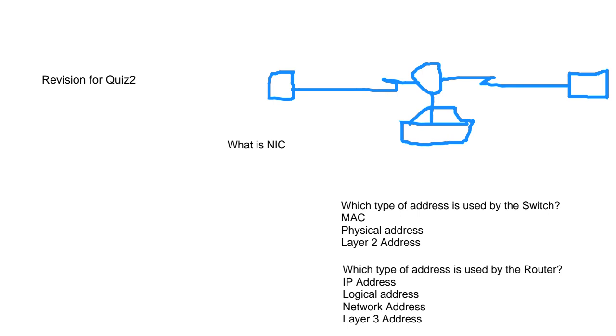Remember, there is a table, difference between LAN and WAN. Also, the difference between STP, UTP, and fiber optic. Which one is more expensive, STP or UTP? STP. Which one provides the fastest speed? Fiber. Which one is faster, fiber or Wi-Fi? Fiber.